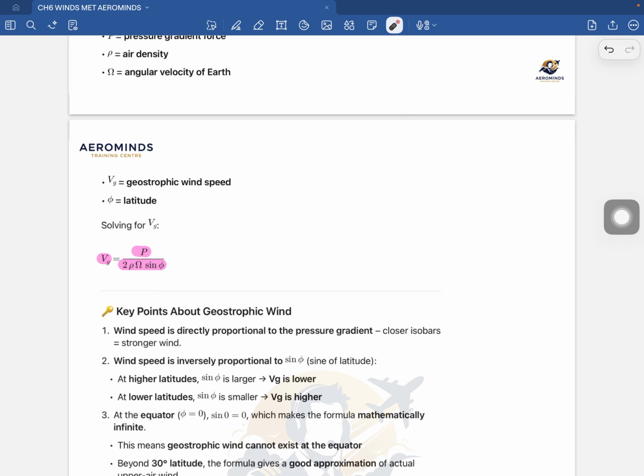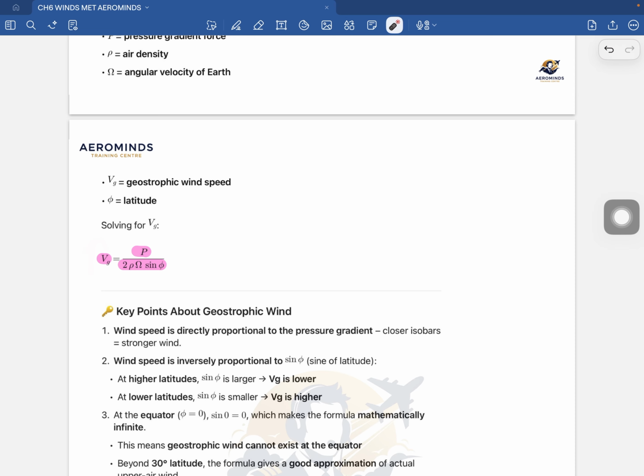When the denominator is larger, the value of Vg becomes smaller. So at higher latitudes, geostrophic wind speed is lower for the same pressure gradient, and at lower latitudes sine phi is smaller, like for the equator it is 0. So the value of Vg will increase and be much larger. At lower latitudes, geostrophic wind is higher as compared to the other.